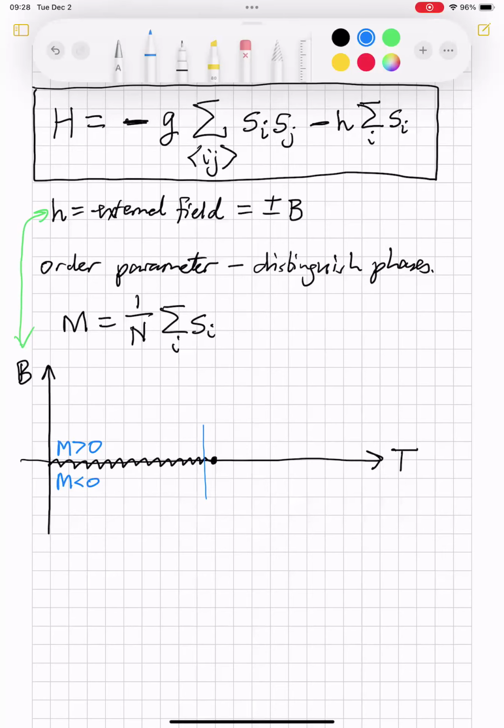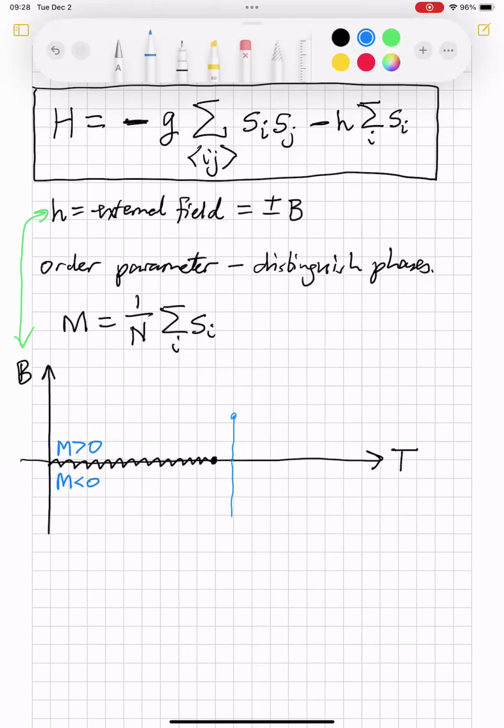And just below the line, it's very small, but it's negative. Over here, if you go from the top plane to the bottom plane, above the line the magnetization is positive just because the B field is causing spins to point up. Then you slowly switch off the B field, and by the time you get to 0 B field, the magnetization is actually 0. Then as you go down, the magnetization now becomes negative.